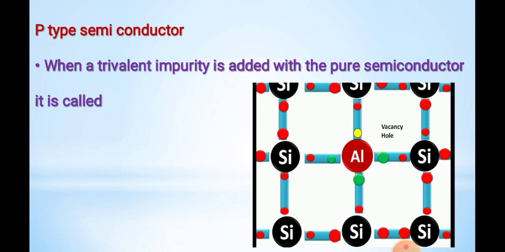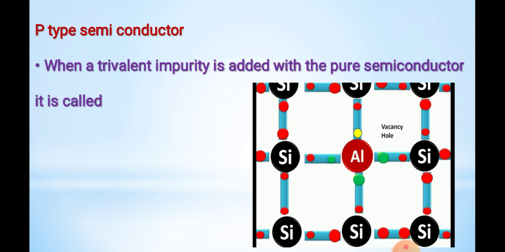Just like that, when you add another aluminium, it also has 3 valence electrons, which form covalent bonds with the silicon. One place will be an empty space in the covalent bond, and that empty space creates a hole. So when you add aluminium to the silicon, more holes will be created.